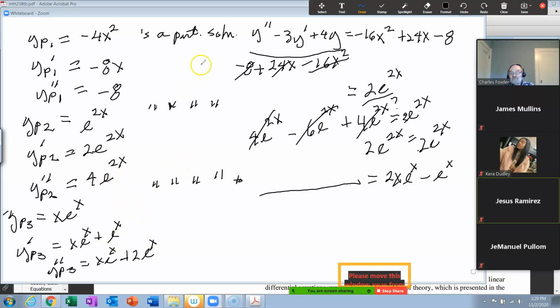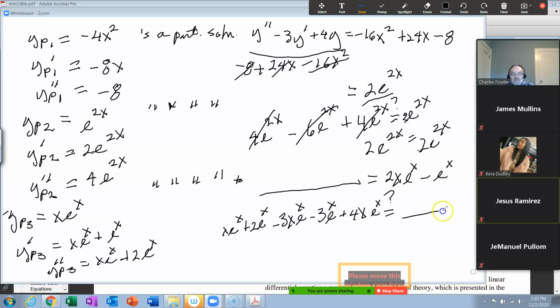Okay, let's plug those in here and see what we get. x e to the x plus 2e to the x, that's the y double prime, minus 3 times this one, that would be minus 3x e to the x minus 3e to the x, plus 4 times the top, that's plus 4x e to the x, and ask ourselves, is that equal to this thing right here?